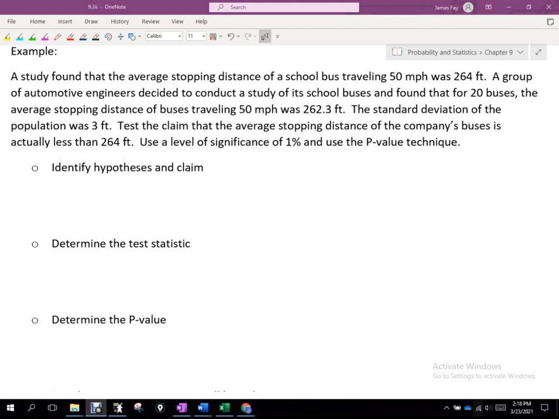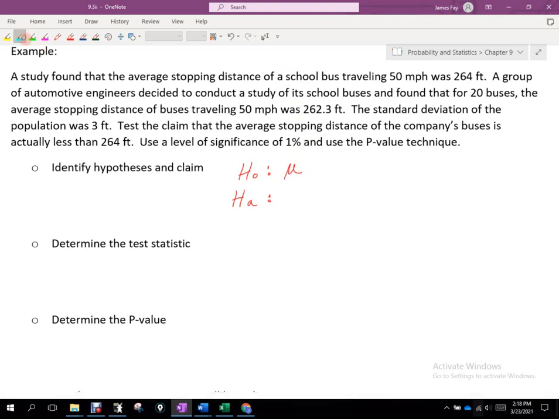So we want to identify the null hypothesis and the alternative hypothesis in the claim. I think the way that I've worded this, the claim can kind of be fuzzy, but we should be able to identify the hypotheses pretty easily. The null hypothesis always includes what symbol? Equality. Okay?